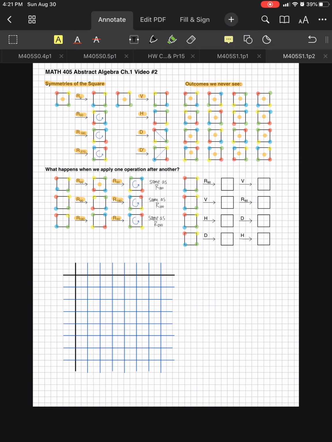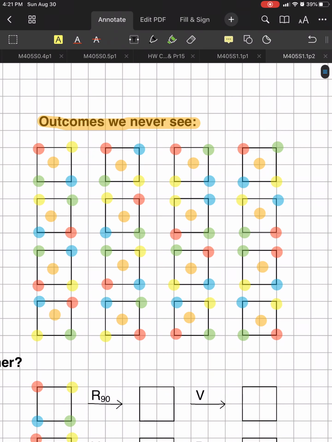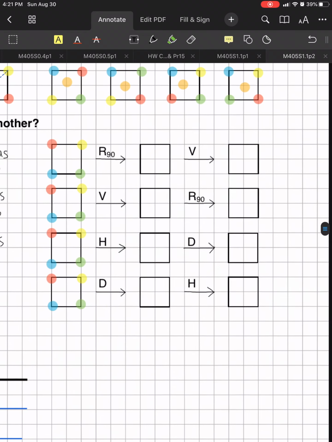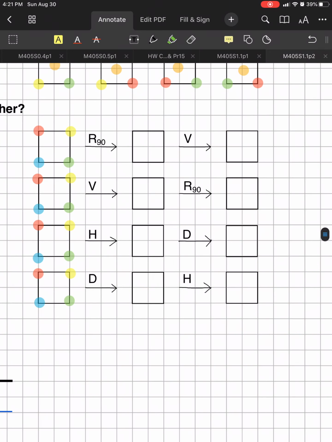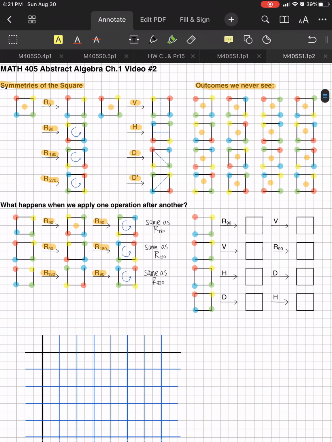Is it possible we'll get one of these outcomes we never saw in the top right here? Or will they still all be ones that we saw originally? Is there going to be anything interesting happening there? We don't know yet, so why don't I have you do these 4 two-step processes right here. I'll leave enough on the screen so that you can see the original versions and how they work, and you can go ahead and pause the video and get back to me when you're ready.